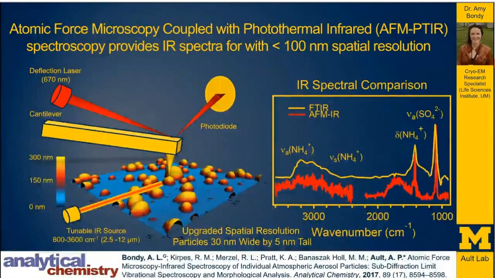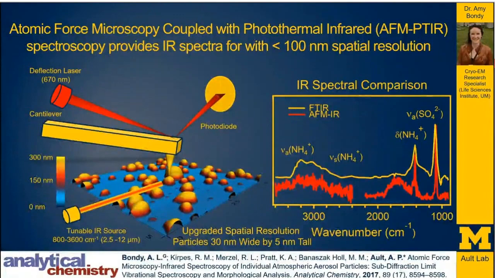You can see her in the upper right corner. She was able to look at particles on a silicon wafer, which is the image you're seeing in the middle, and she was able to collect infrared spectra that had the peaks in the same positions over here on the right side for ammonium and sulfate, for an ammonium sulfate aerosol particle that we collected on the substrate.